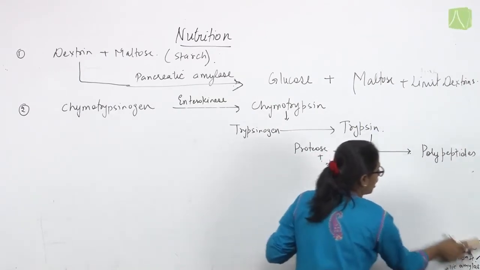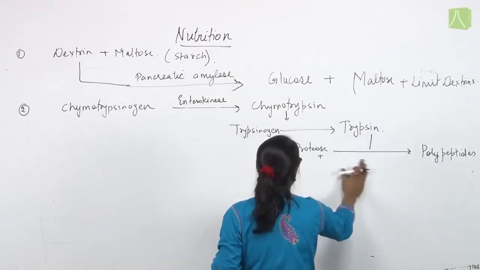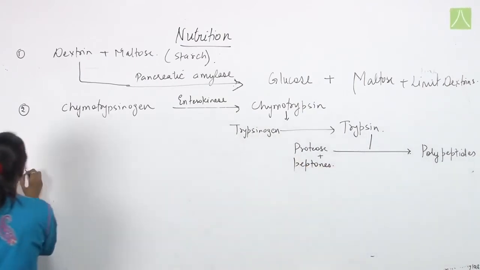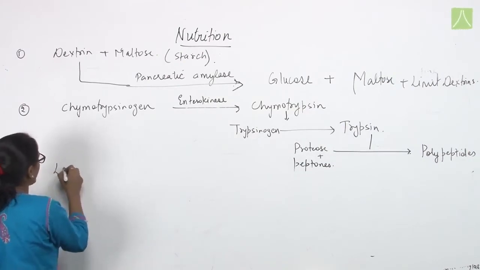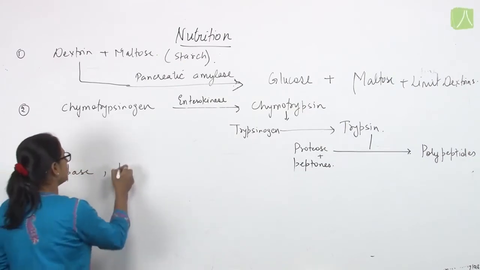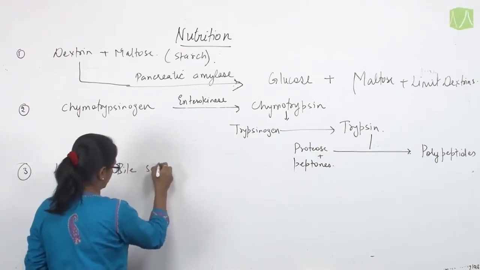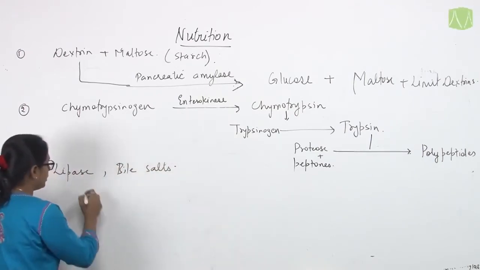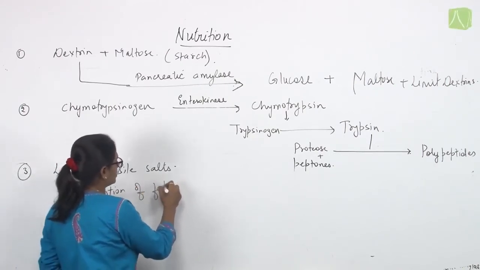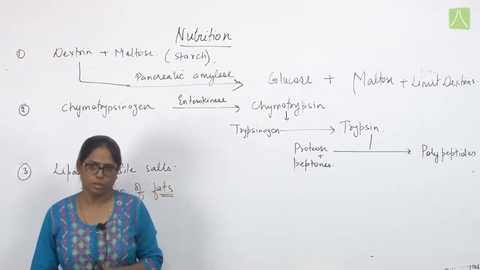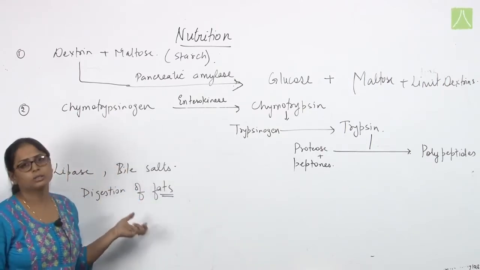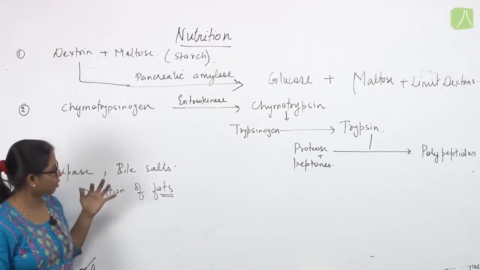Now after that the digestion of fat is there. So we have pancreatic lipase plus bile salts. Now the digestion of fat is difficult because it is of oily nature, and the human body has fluid mainly of water.